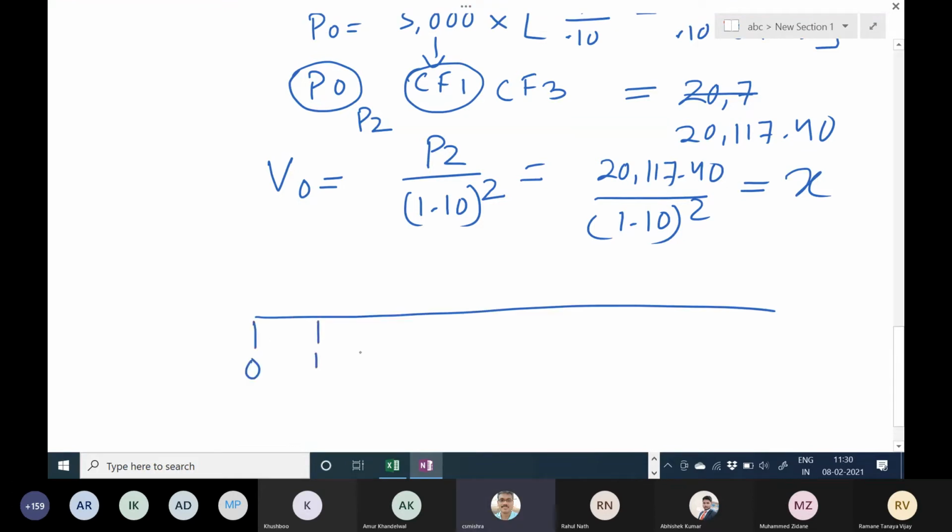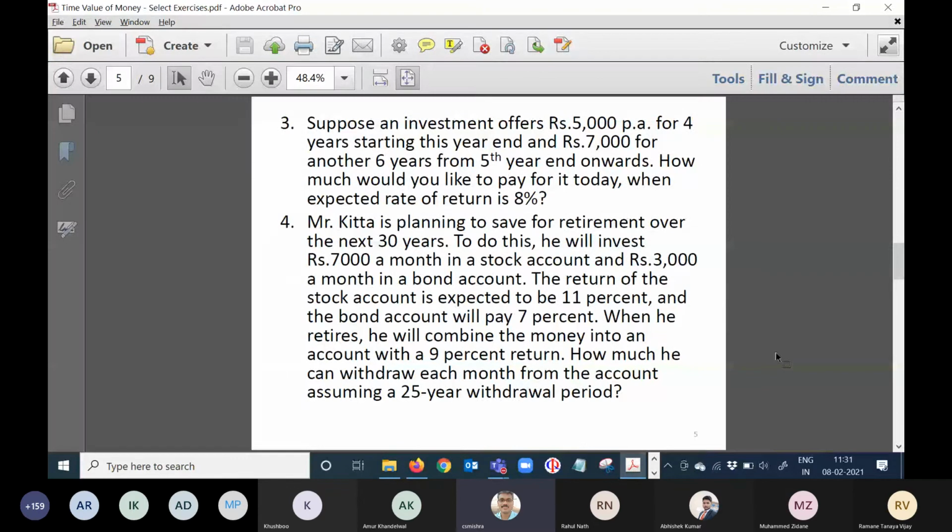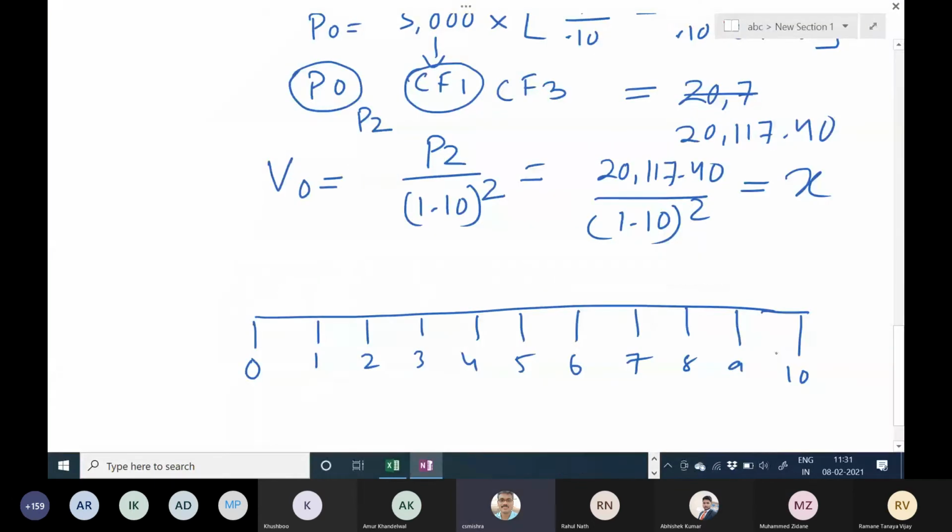So 1, 2, 3, 4, 5, 6, 7, 8, 9 and 10. First 4 years, 5,000: 5,000, 5,000, 5,000, 5,000. Then from this onward 7,000, 7,000, 7,000, 7,000 like this up to 10.